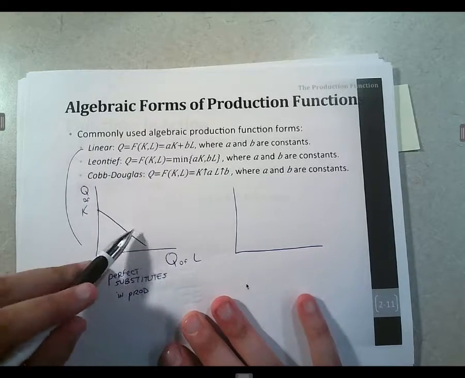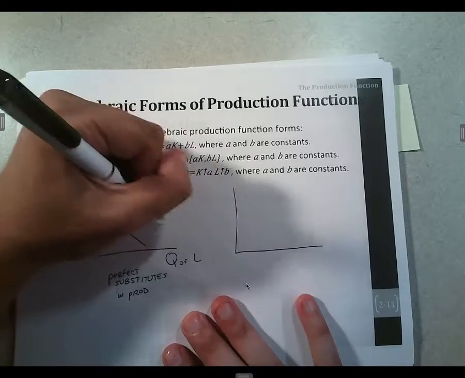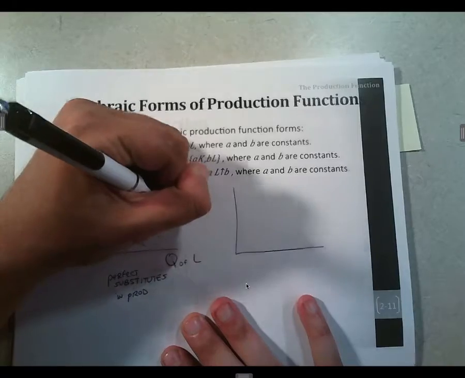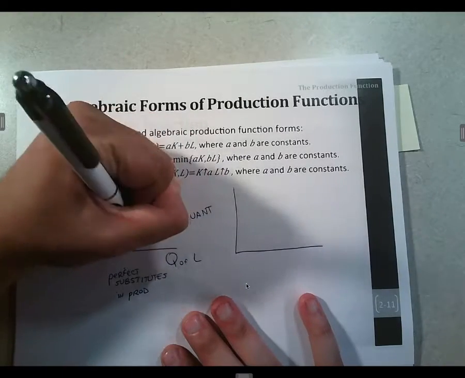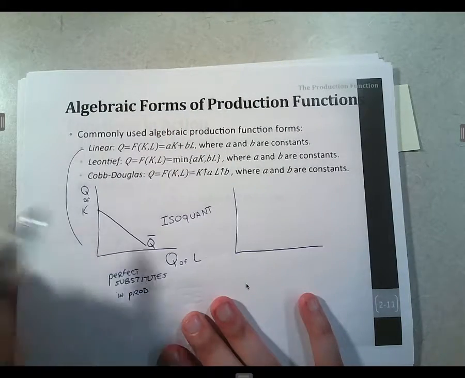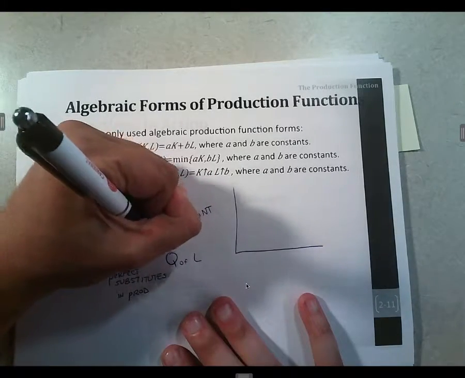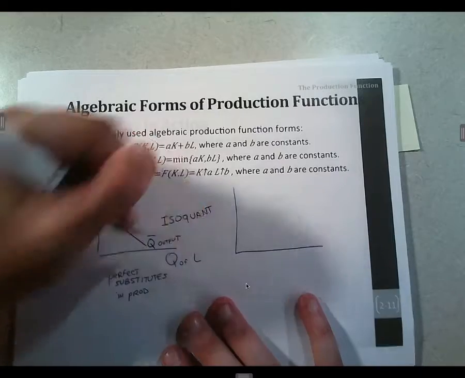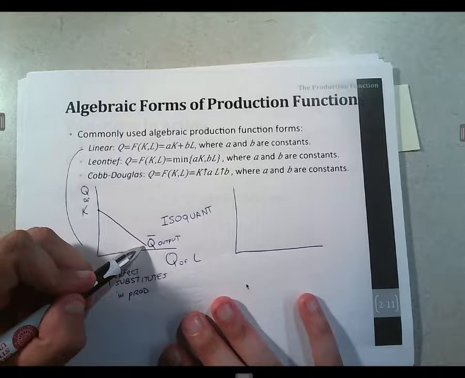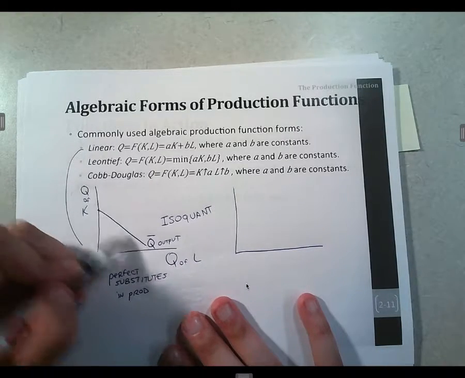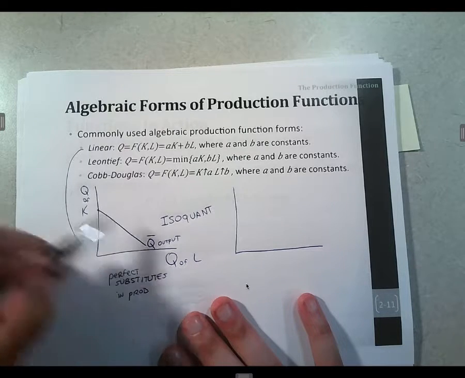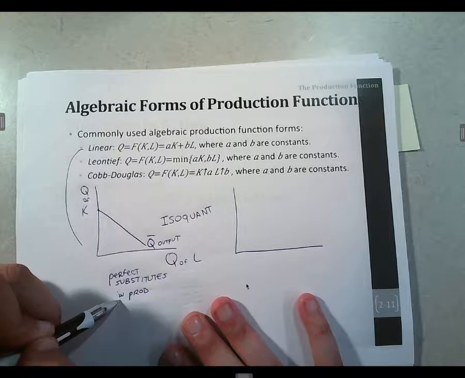So here what I'm graphing out is what's called an isoquant. I could say, what are all the combinations of labor and capital that produce the same level of output? If it's a straight line, that means that labor and capital are perfectly substitutable to each other.